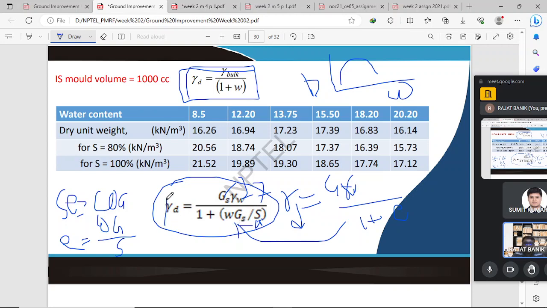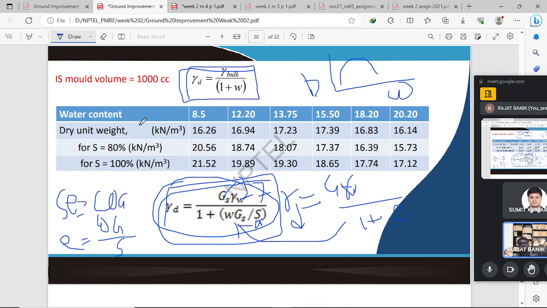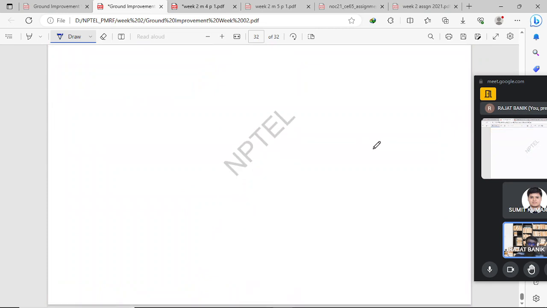With this formula we find the different dry densities for 80% saturation for different water contents. Similarly for 100% saturation, the same formula is used with S equal to 1. All the values are put in one after another, we solve, and plot the graph like that.